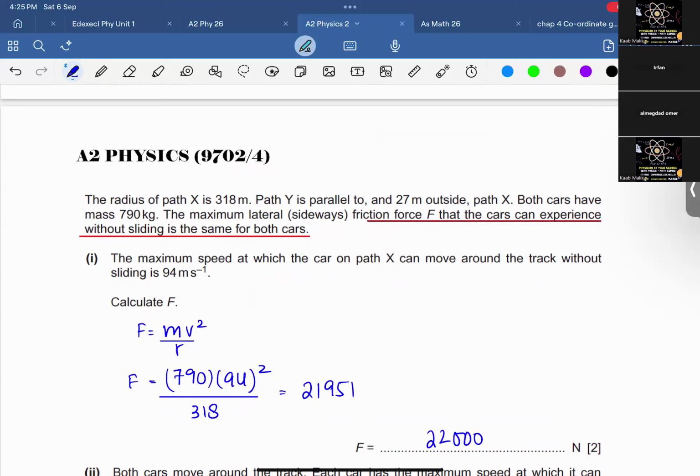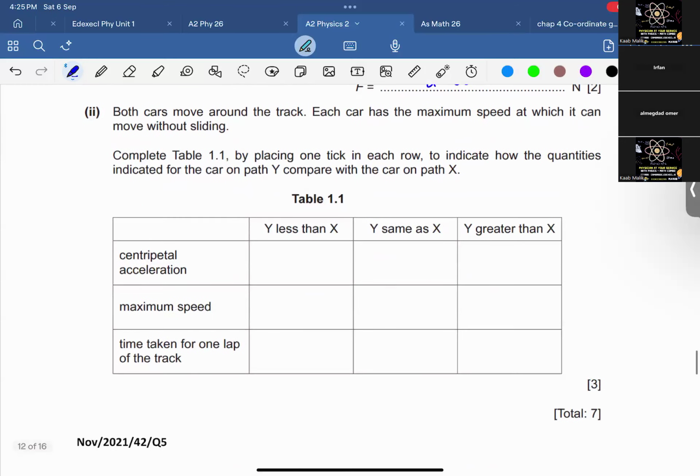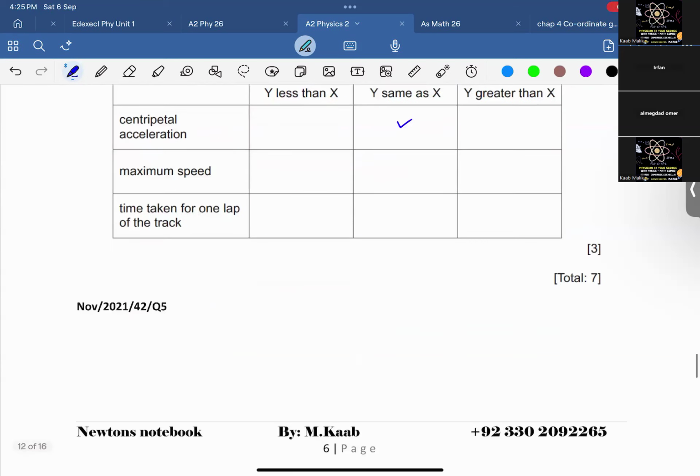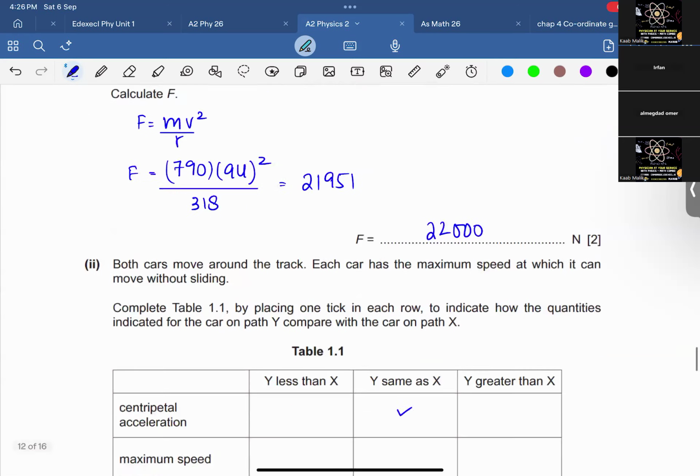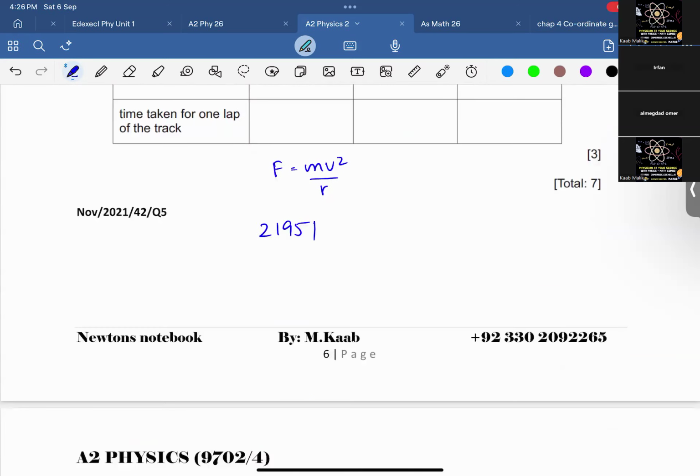If we use the formula F equals mv square over r, to find the maximum speed for car Y, because we have the maximum speed for car X, since the forces are the same, the force of 21951 will be the force for Y as well.